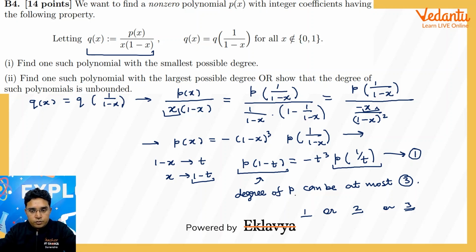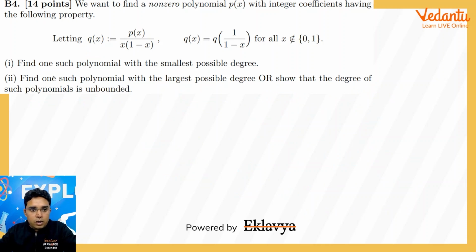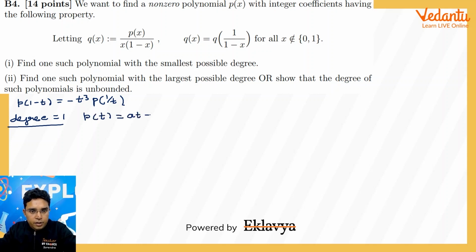So with the smallest possible degree, I'll write this equation once again here. We got that p of 1 minus t is equal to minus t cube into p of 1 by t. Let us check once again. Yeah. Now if the degree is 1, so in that case, we can take p of t to be equal to at plus b.